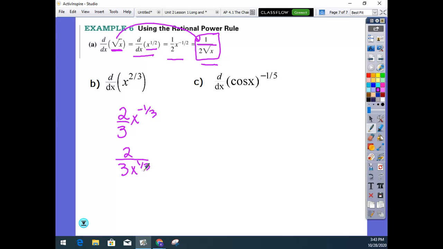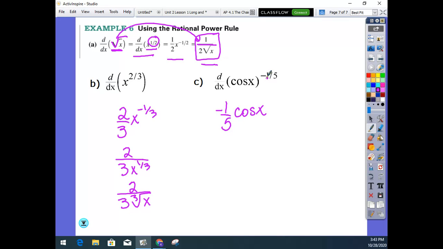And technically, we could even write this as 2 over 3 cube roots of x. So just understanding how radicals have rational exponents.